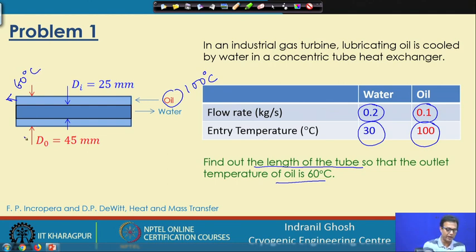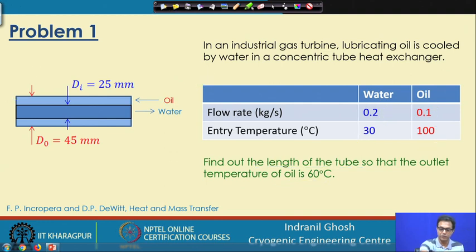We have to determine the length of the heat exchanger. So, we have some information known, and we intend to find out the length or the dimension of the heat exchanger. Basically it is a sizing problem. Now let us see how we can solve this problem.